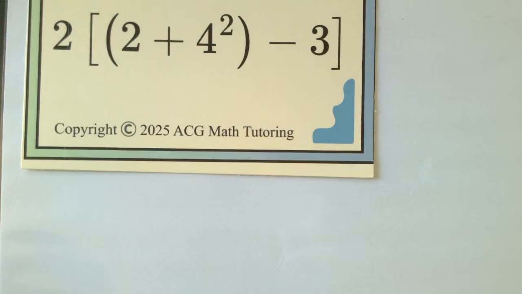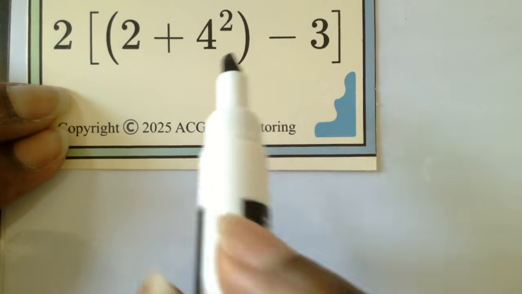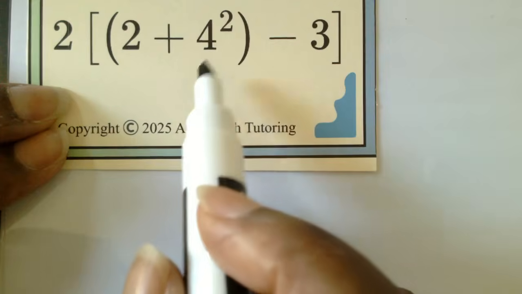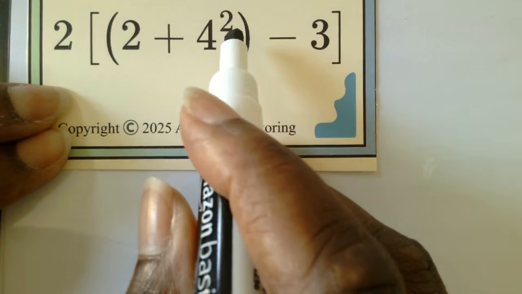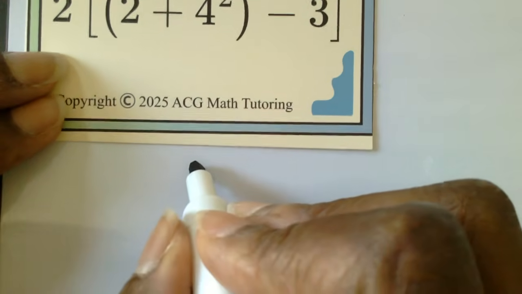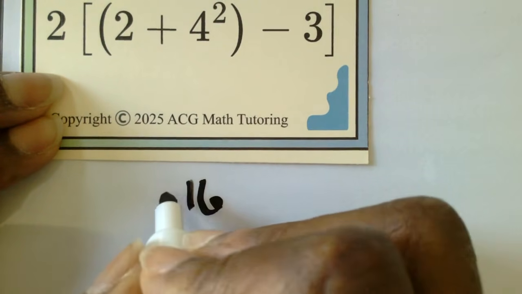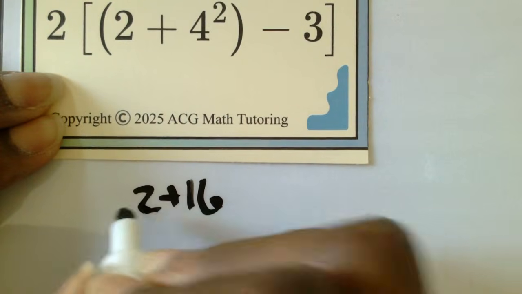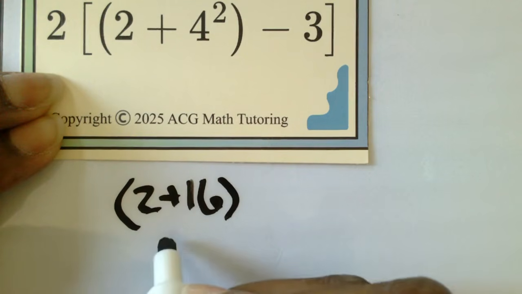Alright, first off, we have to do what's inside the parenthesis, just like most of you guys are saying. So 4 squared is not 8. 4 squared is 4 times 4, which gives me 16. Let me write it right here. Now we have our 16 plus 2 that still remains inside that parenthesis, which gives me my 18.